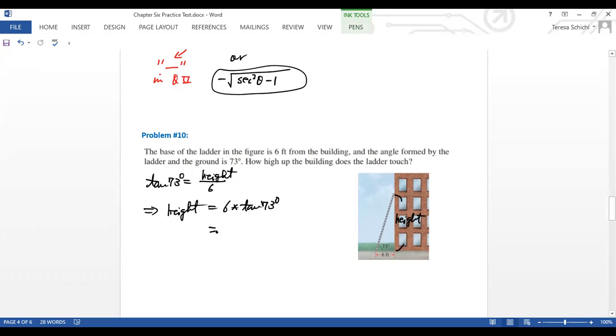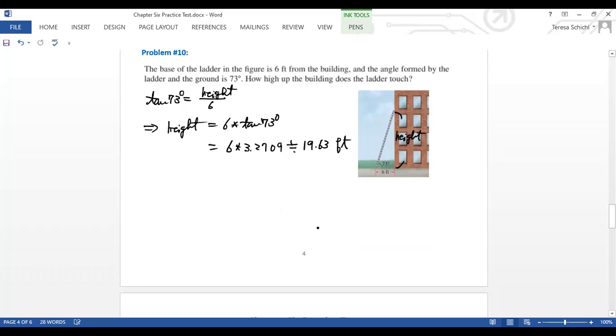All right, and then put it into the calculator. And what do you have? It's 6 times 3.2709. So that means pretty close to 19.63 feet. All right, that's where it touches the building here.